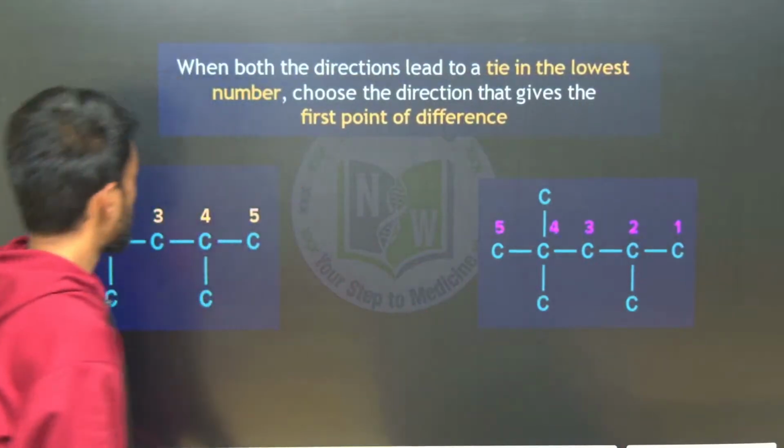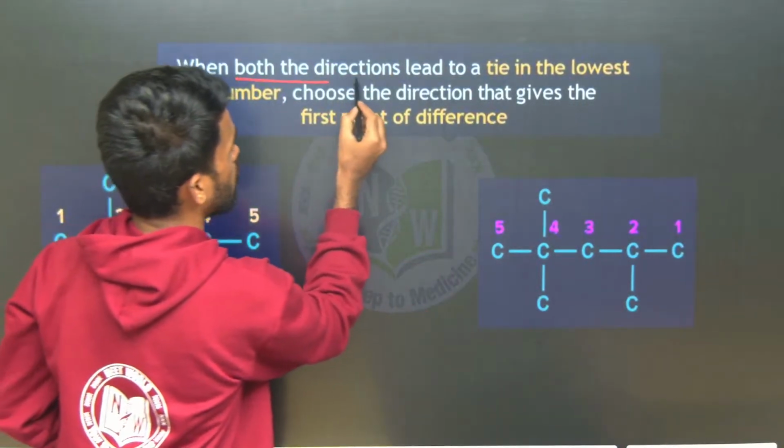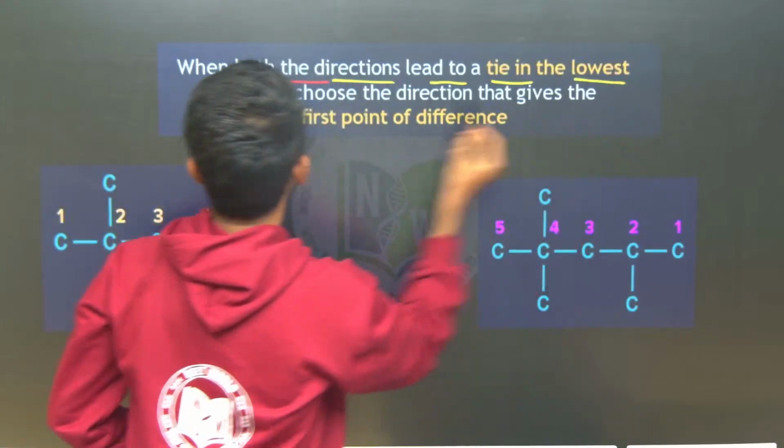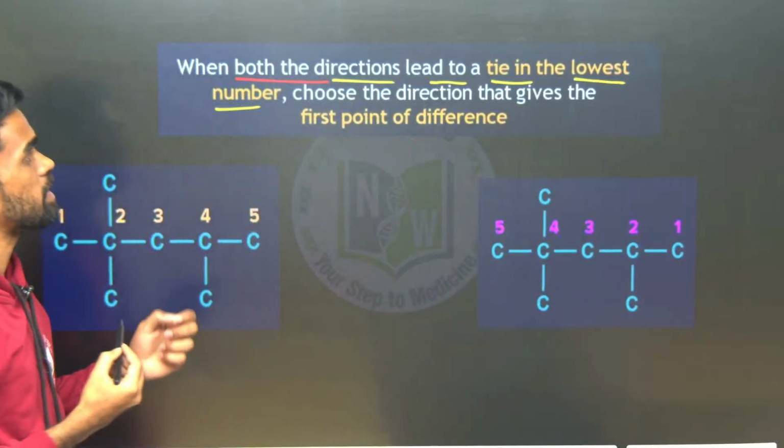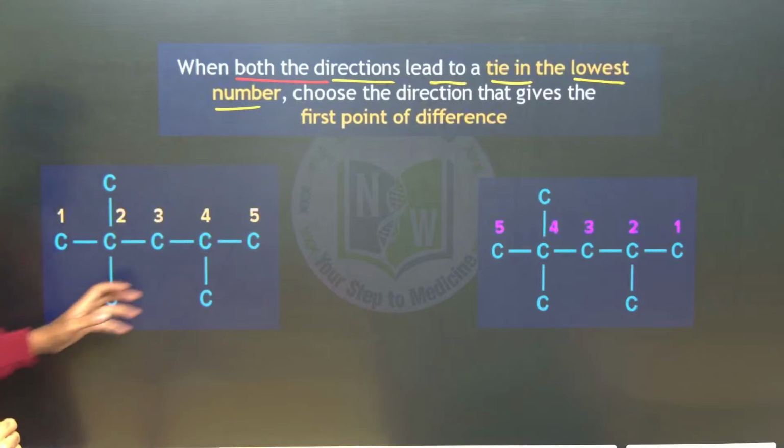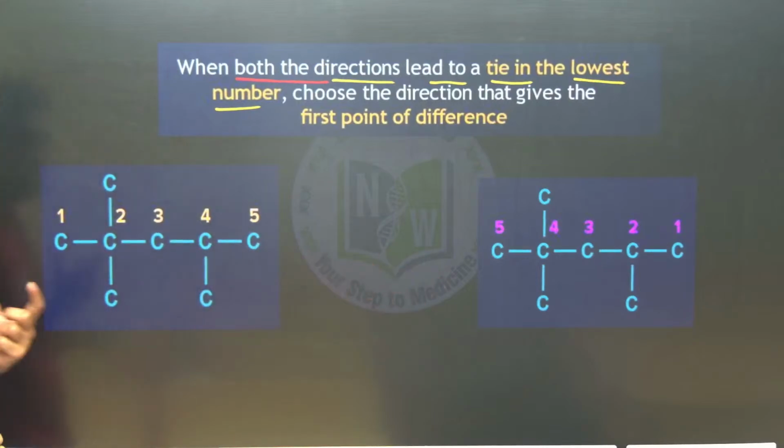When both directions lead to a tie in the lowest number, choose the direction that gives the first point of difference. It means I have two numberings here. What is the correct way of numbering?